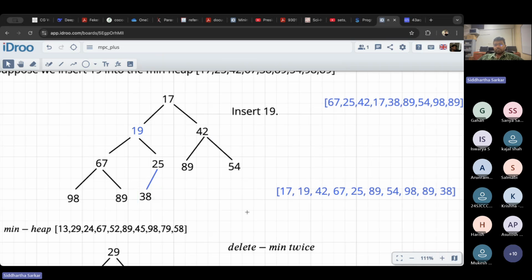So now the heap property says that you consider any node and you look at the children of that node. For example, I'm considering 19. So both the children should be larger than the parent node. That is the min heap property. All right, Manoj.